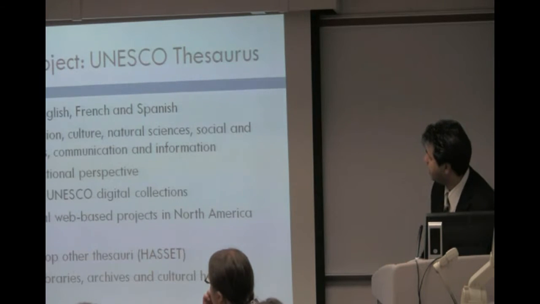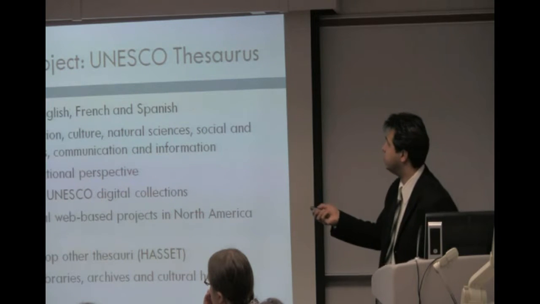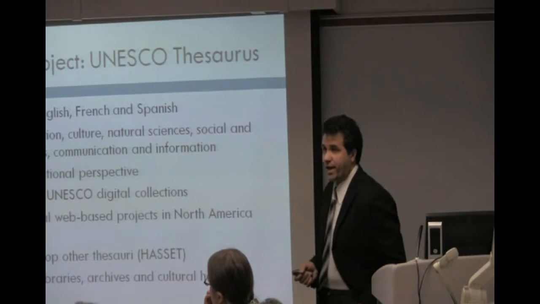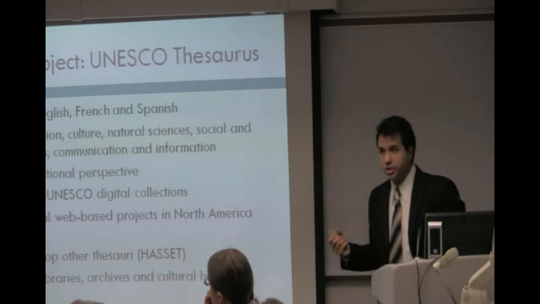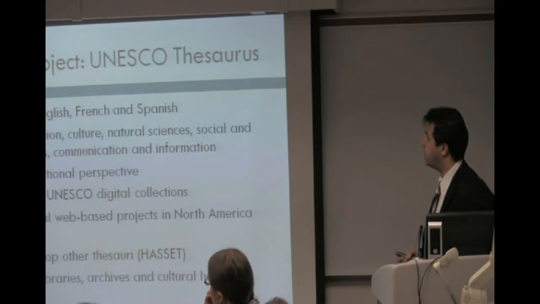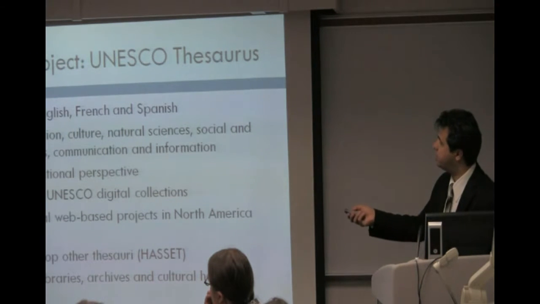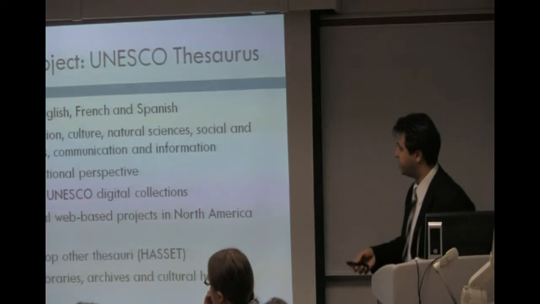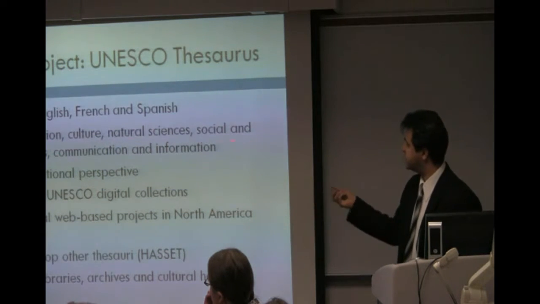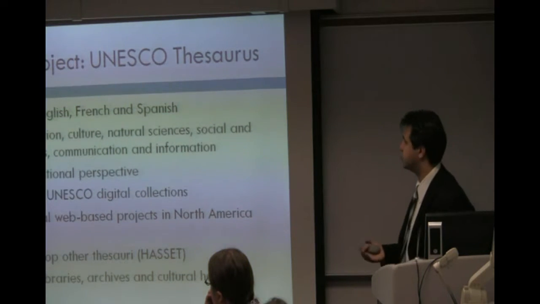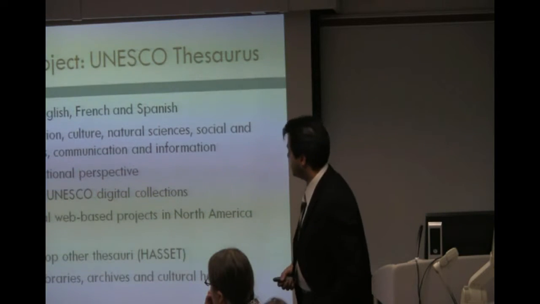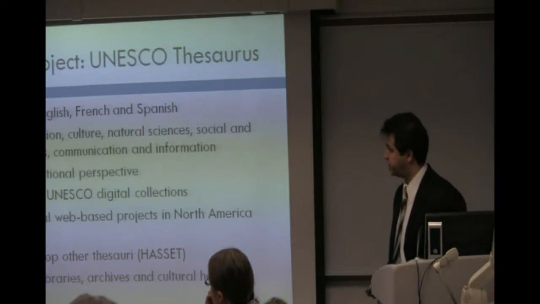The second one, the UNESCO thesaurus, is multilingual: English, French, Spanish, and it does have Russian, which we did not include, but is separate, maintained by UNESCO currently. It covers these subject areas: education, culture, natural sciences, social and human sciences, communication, and information.